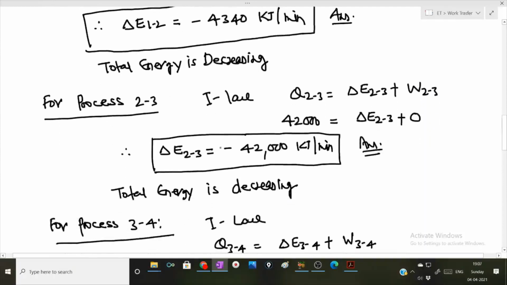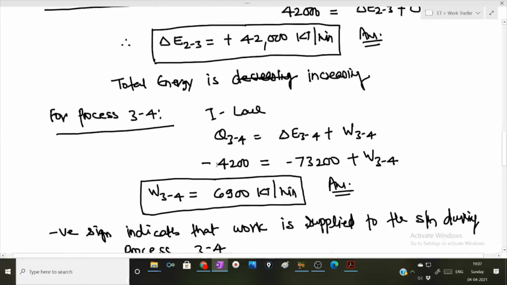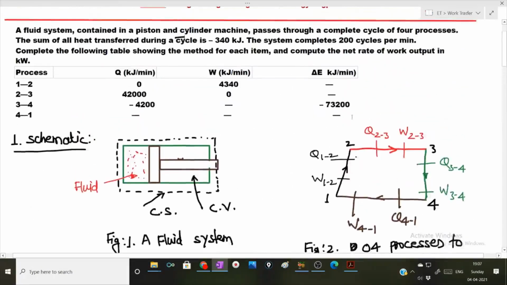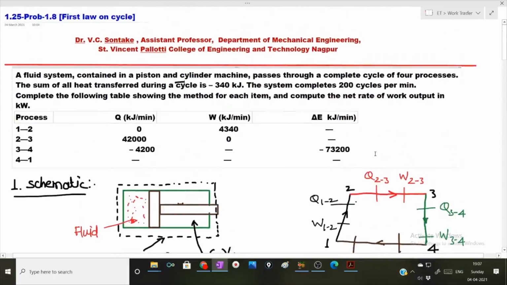This is not negative, this is positive. So this will be increasing. Please correct this. And delta E3 to 4 is given in the table itself, minus 73,200.